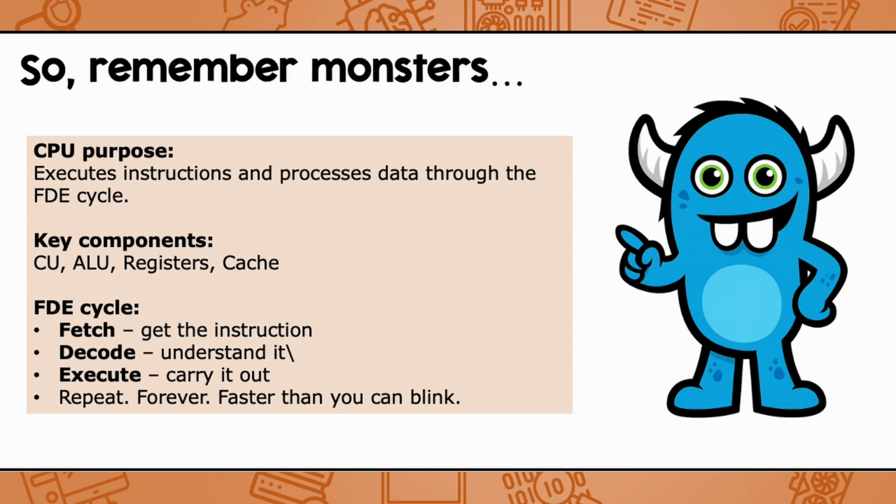And the fetch, decode, execute cycle, in the fetch stage, we get the instructions from memory, or we fetch them from main memory. To decode it, we have to understand it, so we break it down. To execute it, we carry it out, and we repeat that forever, faster than you can blink.